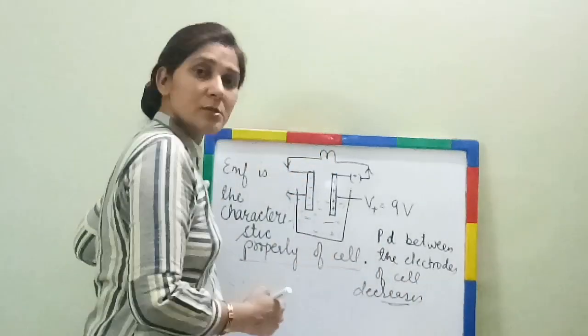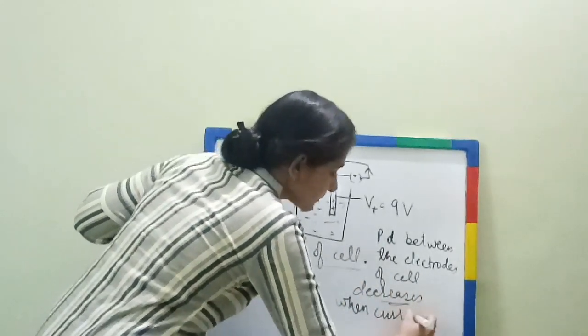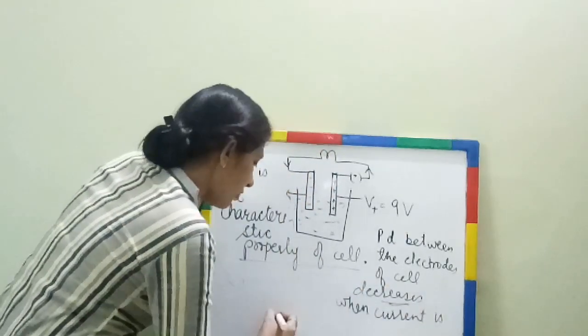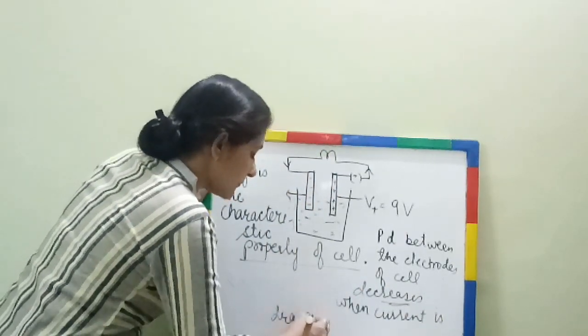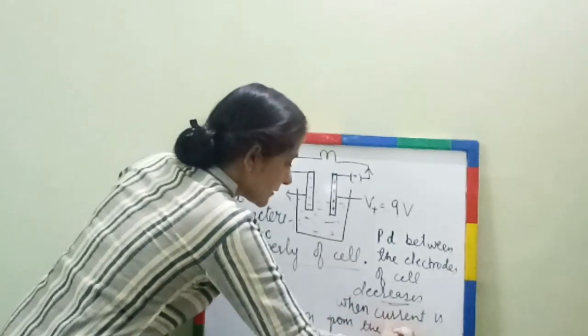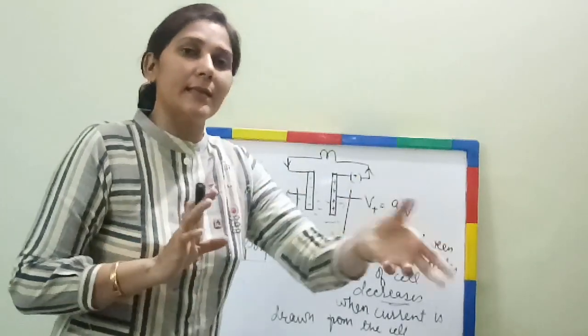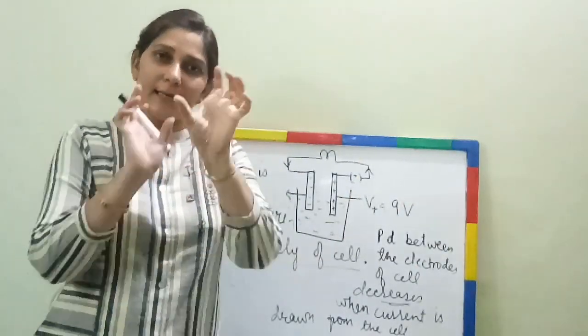But this happens when current is drawn from the cell. Means suppose I bought a cell and it was written there कि ये 15 वोल्ट का सेल है. Yes, it is of 15 वोल्ट.